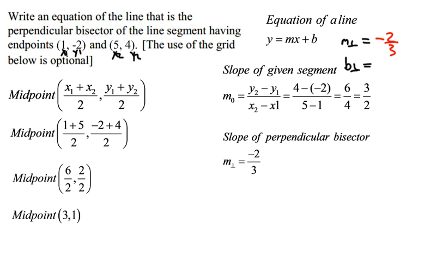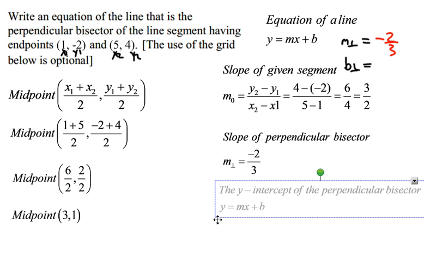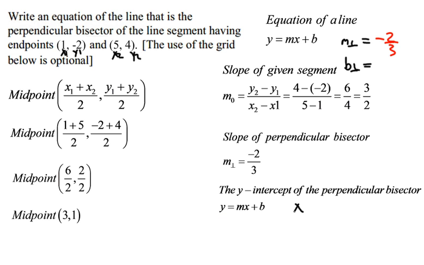Now I need to find b. So the y-intercept of the perpendicular bisector, you have to plug into y equals mx plus b, and you have to solve for b. So the x and the y, where is that going to come from? The x and the y is going to come from the midpoint, because the perpendicular bisector has to pass through the midpoint.